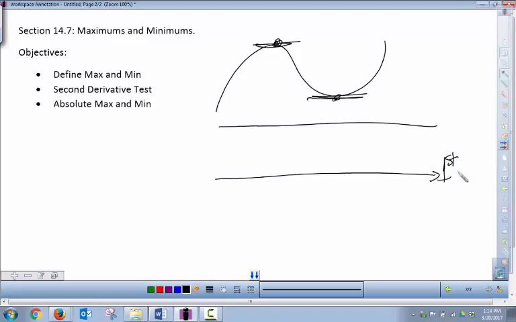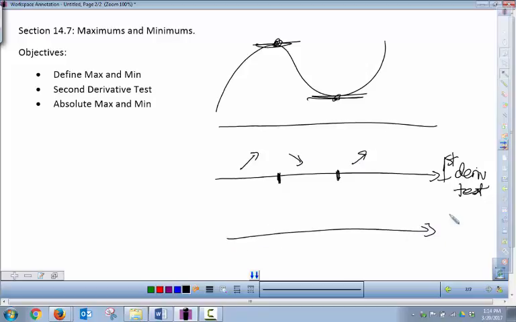So you find out where your critical points are, and then by doing the first derivative, you would check whether something's increasing or decreasing. And then you know that the slope is zero or undefined at those certain points, that if they go from increasing to decreasing, we know it's a local max. If we go from decreasing to increasing, we know it's a local min.